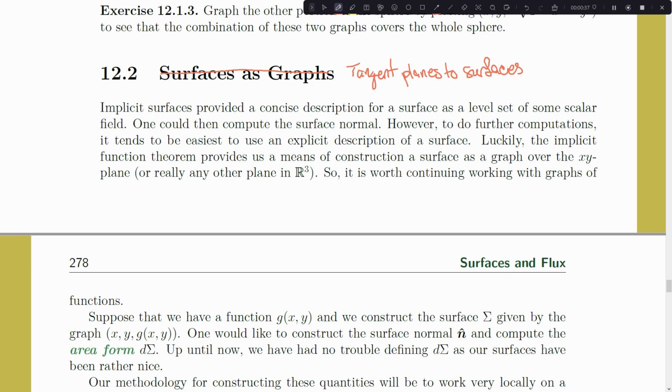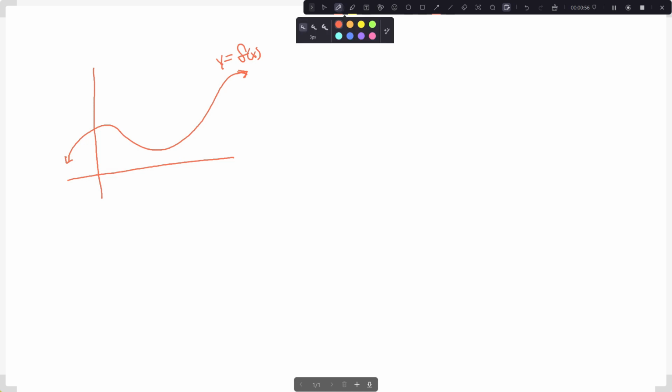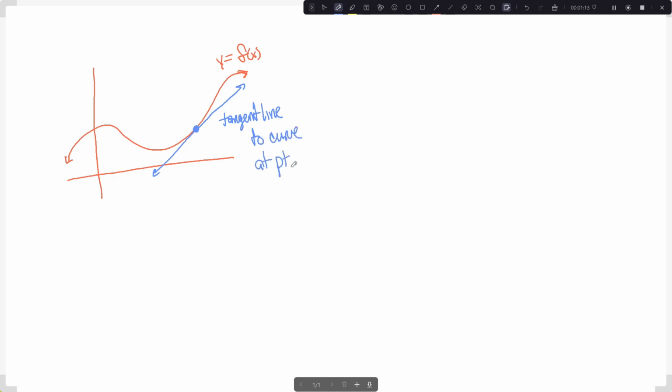And why do I say tangent plane? We're just going to jump over to the whiteboard really quick to try to describe what's happening. If we jump back to our generic calculus, there's maybe a function f of x, and in particular this is y equals f of x. It's a function, and in calculus we would grab a point on that function and we would define the tangent line to the curve at the point.